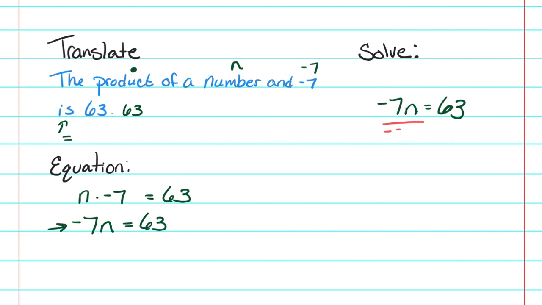So I'm going to divide both sides by -7. Remember, whatever I do to one side, I must do to the other side. So that will cancel out, and I get n, and 63 divided by -7 is -9. So n is -9.